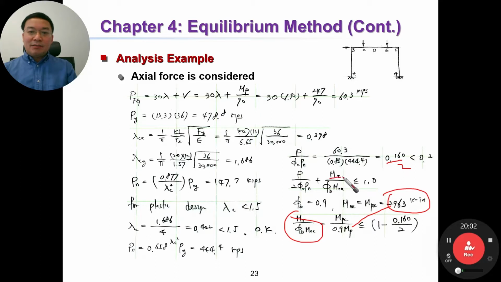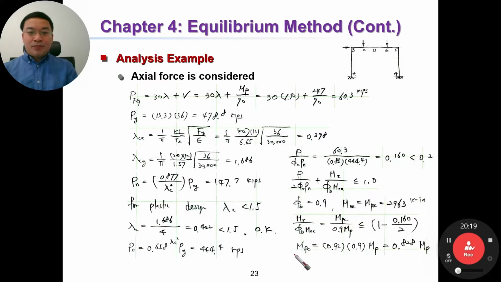Mpc means the required moment with the consideration of axial force. Okay, the effect of axial force, Mpc, equal to this. And replace Mp here, and we have Mpc. Mpc equal to 0.828 Mp.